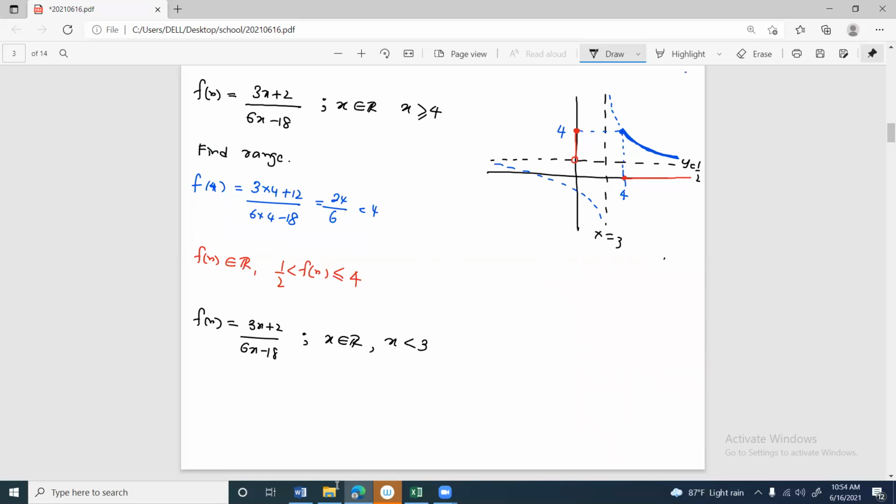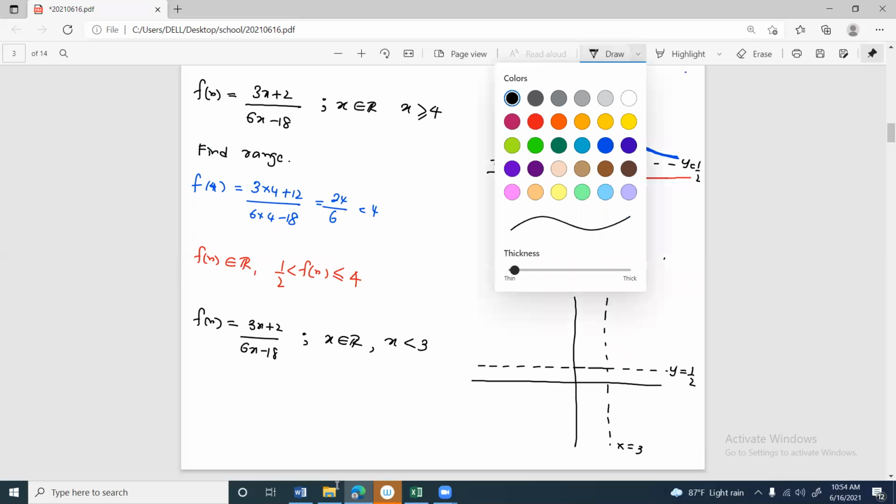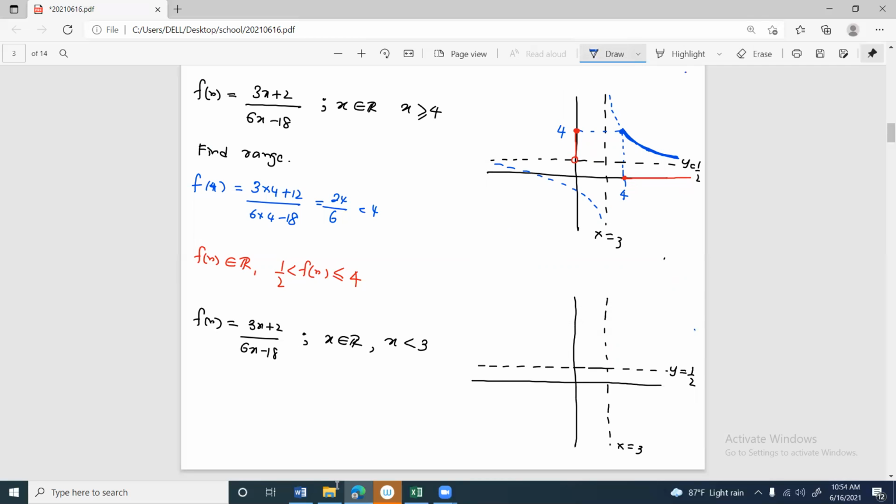So if you sketch this graph with it, because I'm explaining from the same graph, it's easier to make it understood clearly. Half, and this is x equals 3. Now the shape is this, and it's like this way around.